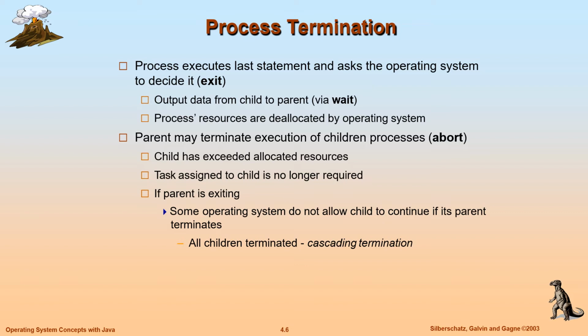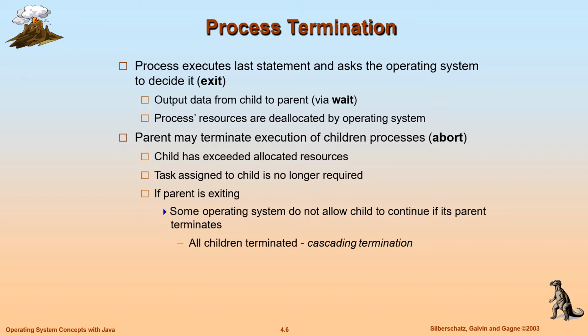At that point, the process may return a status value, typically an integer, to its parent process via the wait system call, because the parent should know which one has terminated, which one has exited. All the resources of the process, including physical and virtual memory, open files, and I/O buffers, are deallocated by the operating system.